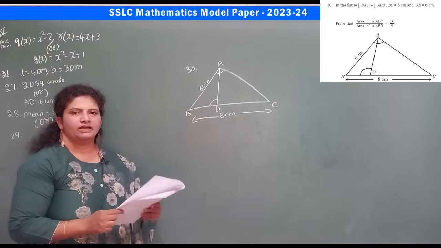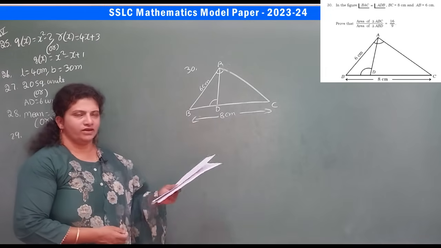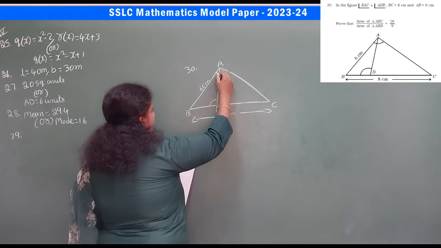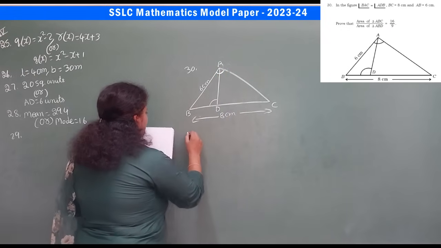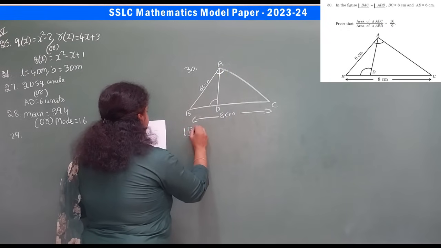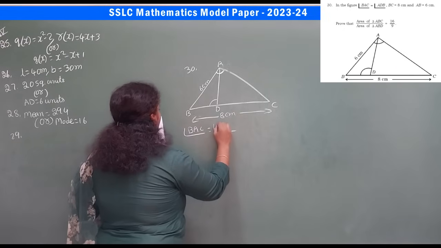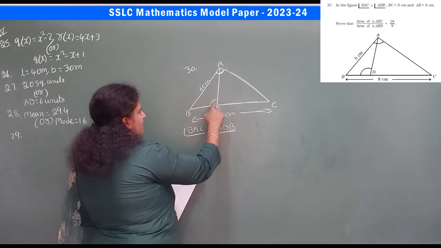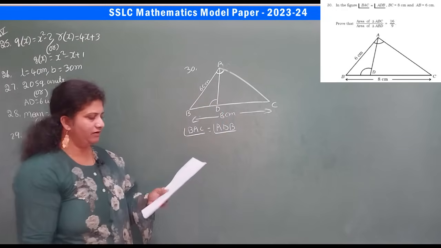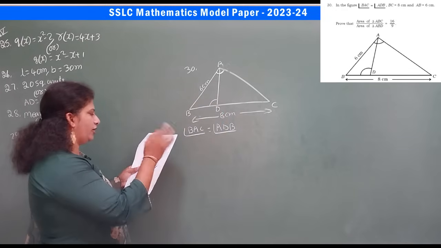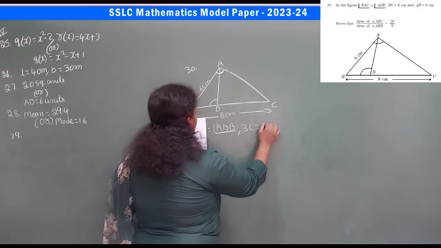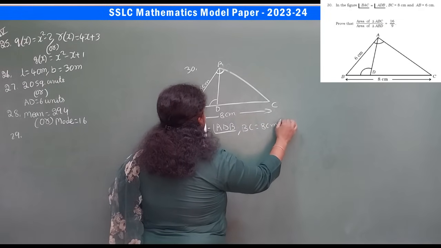30th problem, in the figure, angle BAC. Angle BAC means this angle. Angle BAC is equal to angle ADB. That means angle ADB, this angle is equal to this angle given. So BC is equal to 8 centimeter.